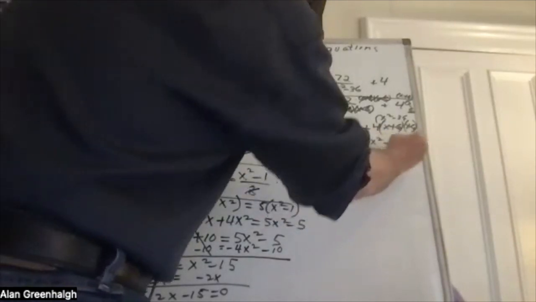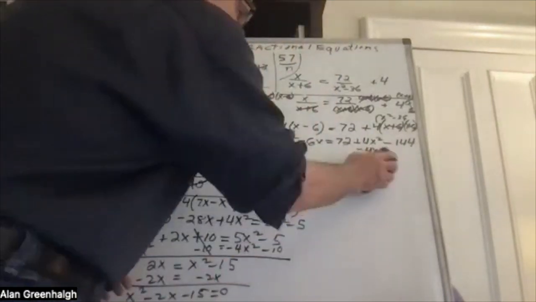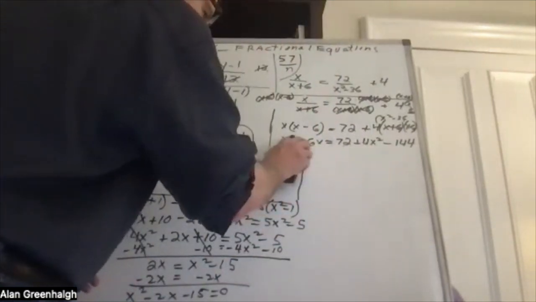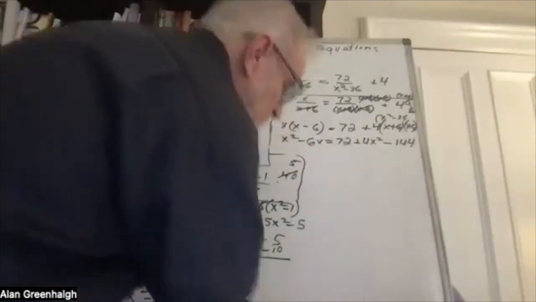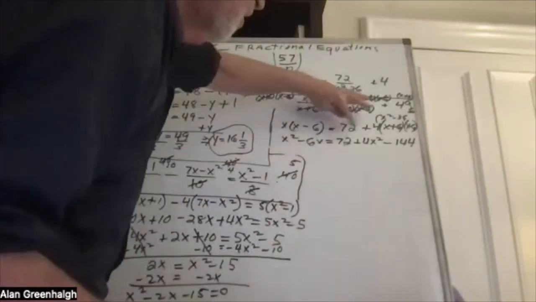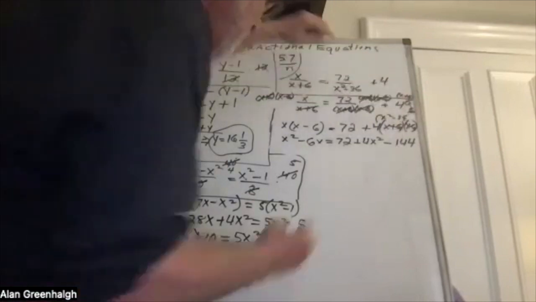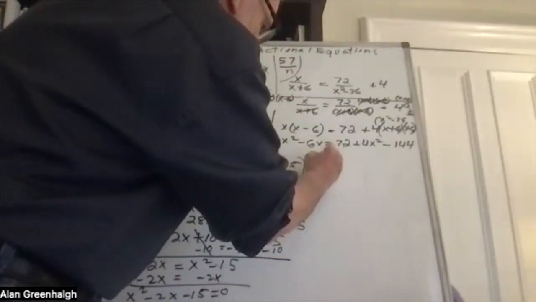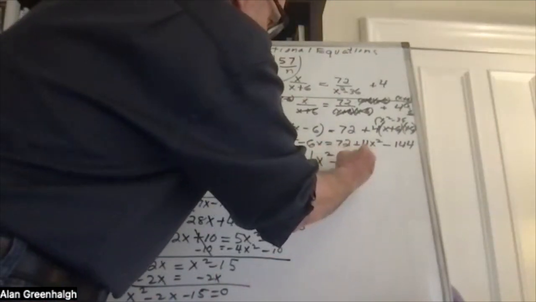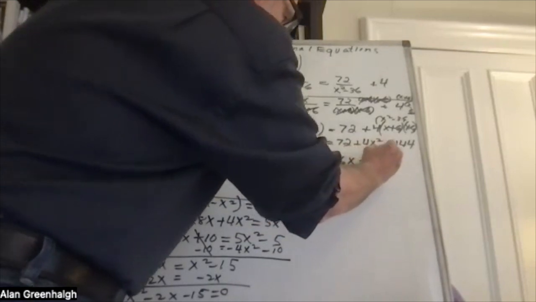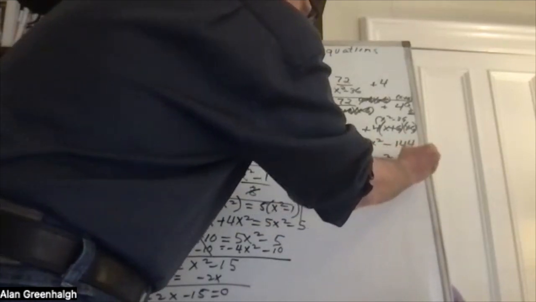Okay, and here we get, well, actually, wait a minute. I'm sorry, my apologies. We didn't combine like terms to a sufficient degree. So let's combine these two like terms. So this gives us x squared minus 6x equals 4x squared minus 72.